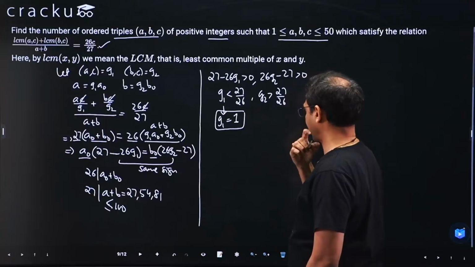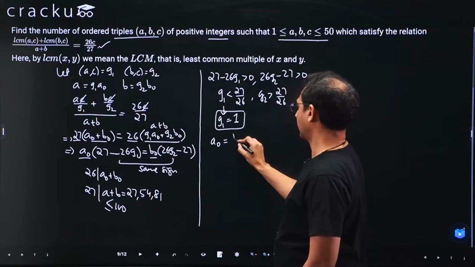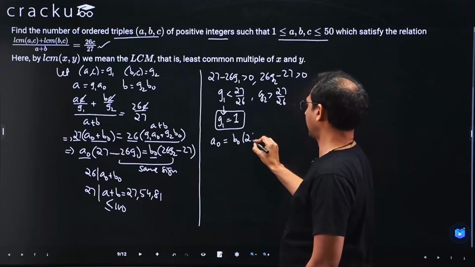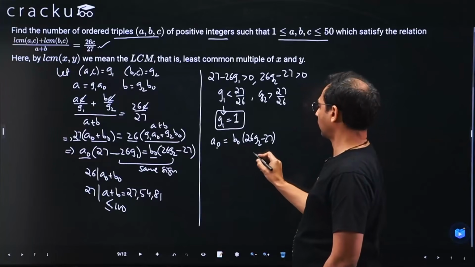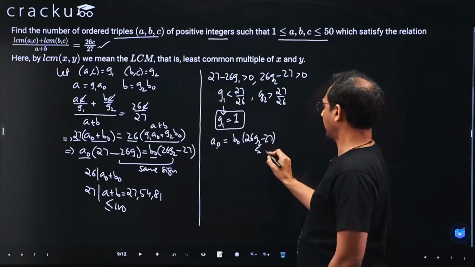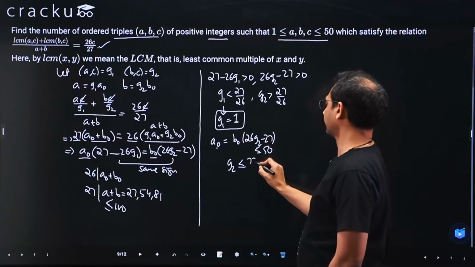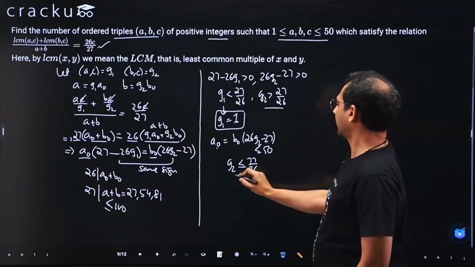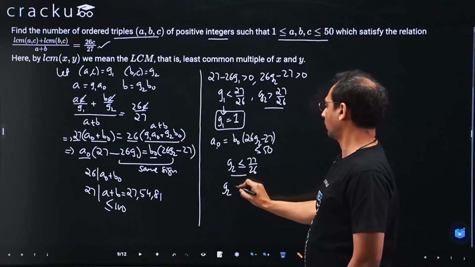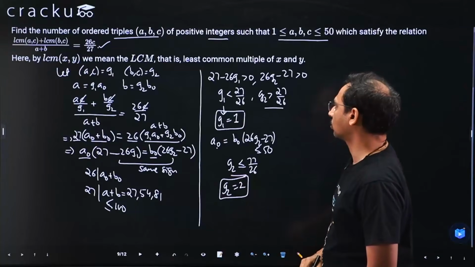If I put it here, I get A naught is equal to B naught into 26G2 minus 27. This is less than or equal to 50, so G2 should be less than or equal to 77 by 26. So with this and this, we get only one possible value for G2. G2 is equal to 2.